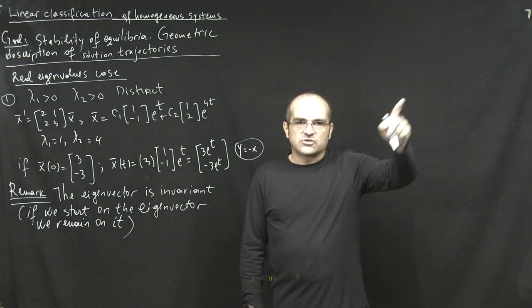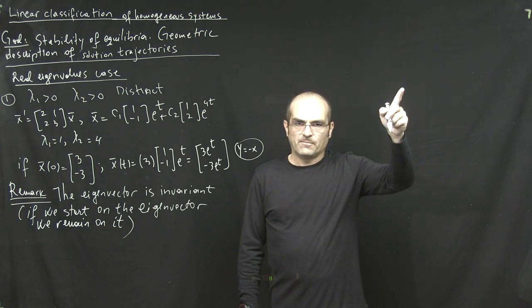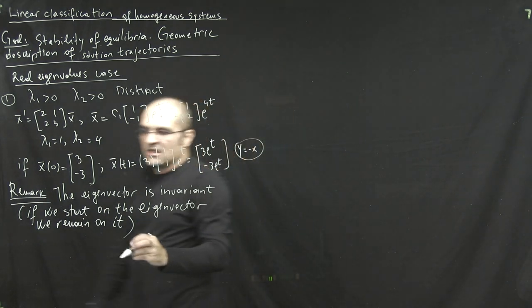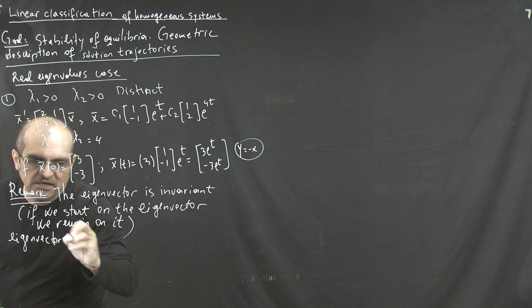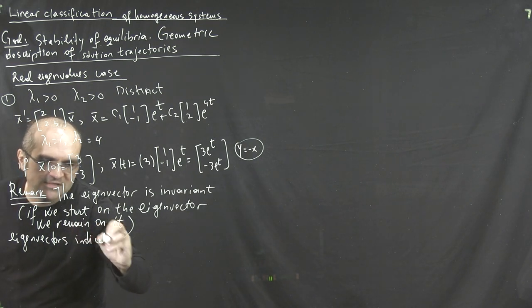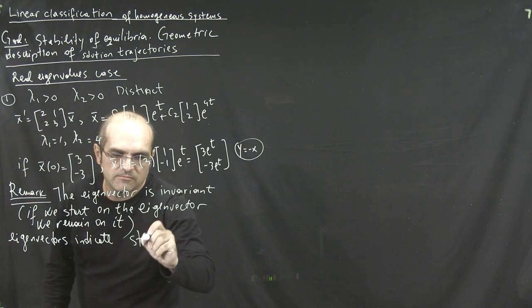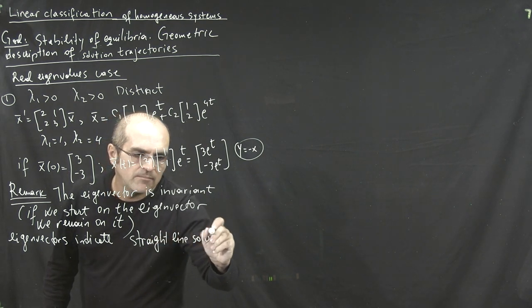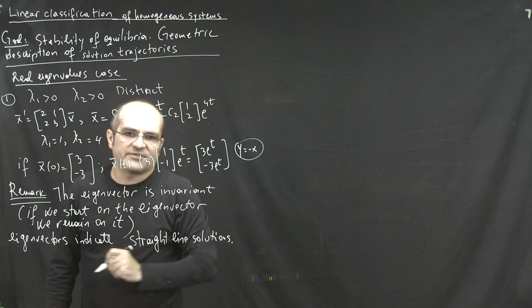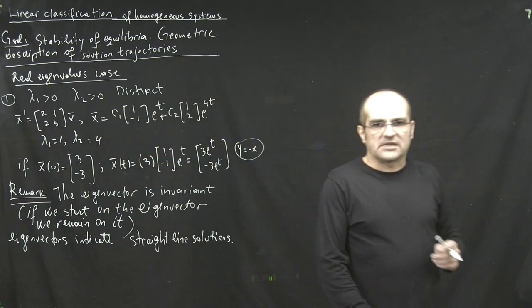So in other words, the solution moves on a straight line. Another way of putting it is that eigenvectors indicate straight line solutions. So if you have a real eigenvector, that indicates a solution that is actually a straight line.